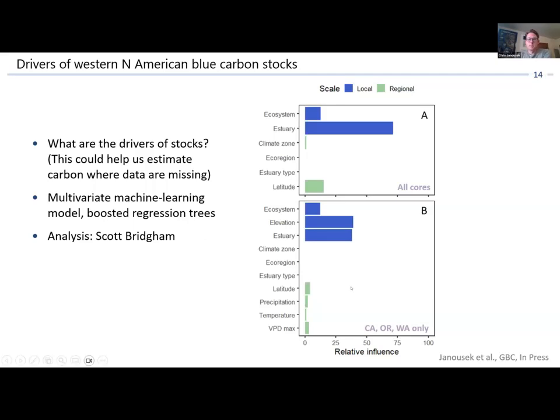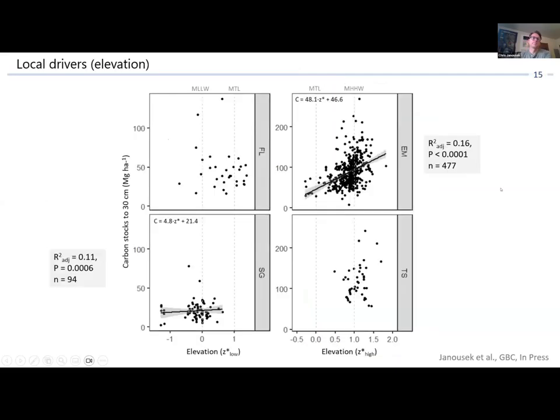And then we had some PRISM model data that showed precipitation and temperature. But the same general result held, which is that the local scale factors, so ecosystem, the elevation of the wetland, and the particular estuary that you're in, explained more variation than some of these very broad regional scale factors.